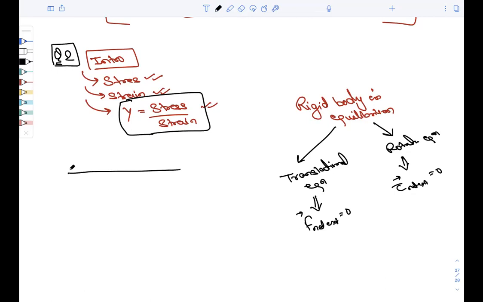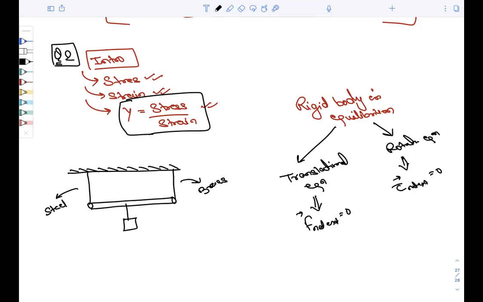So this is the situation. Here is a light rod and it is supported by two wires. Let's say this is of steel and this is of brass. Now a weight is needed to attach here.